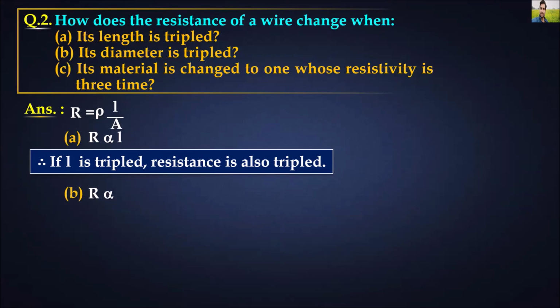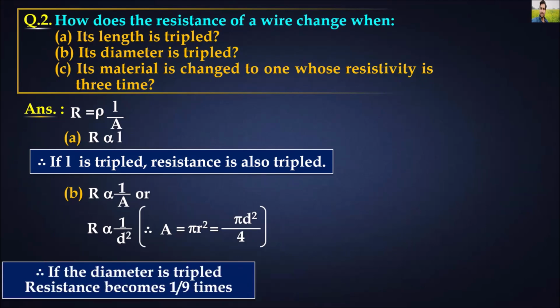Now let's understand the B part. We know resistance is inversely proportional to area, or else we can say resistance is inversely proportional to the square of its diameter, right? Because area is pi r square and r is nothing but d upon 2. So more or less, we can say resistance is inversely proportional to diameter square.